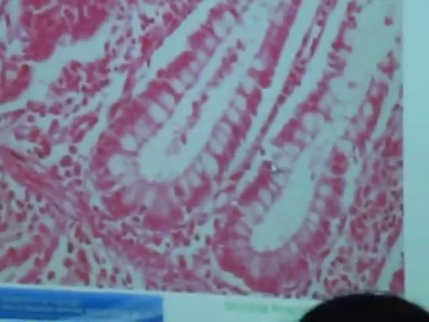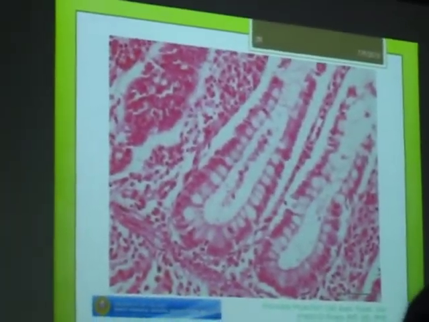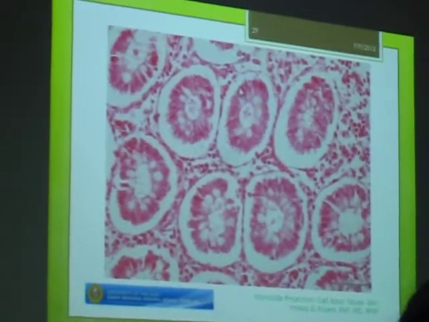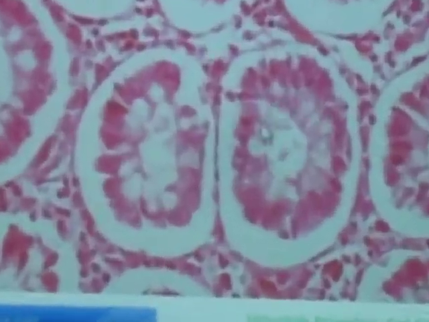This is just a cross section of this. If it is cut cross-sectionally, it will appear like this, circular glands. So it's the same simple columnar epithelium with goblet cells, tubular glands.